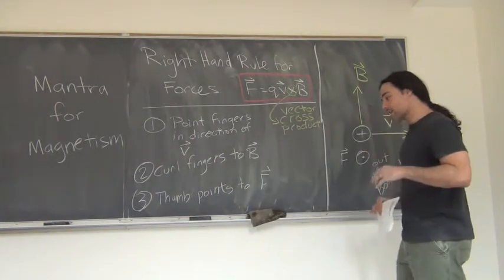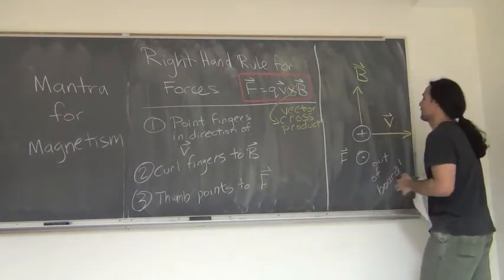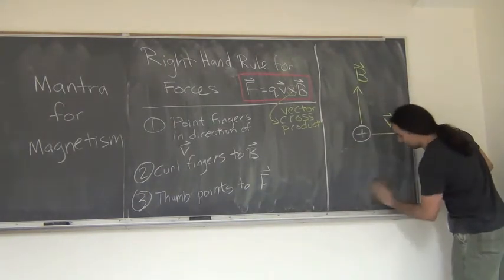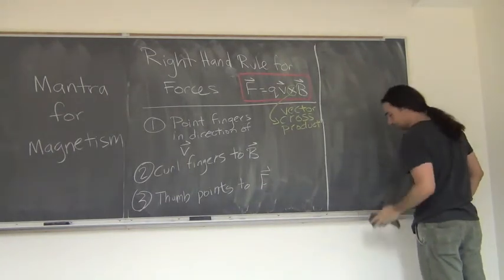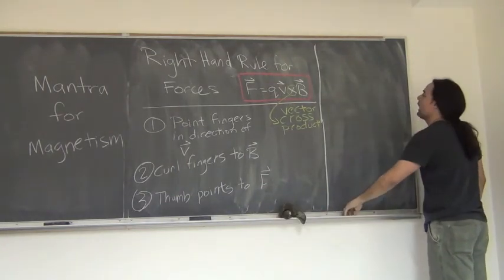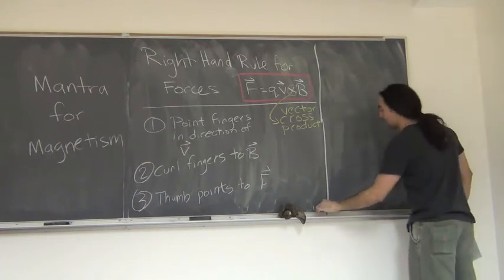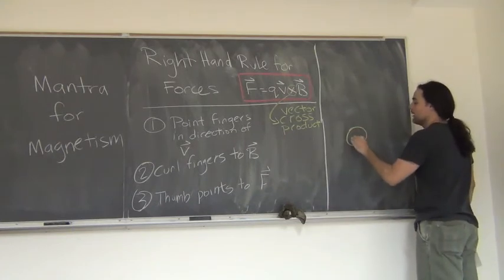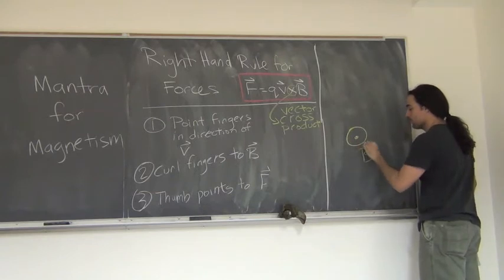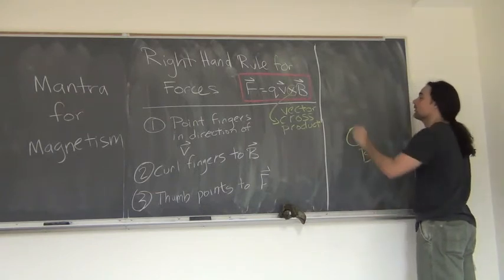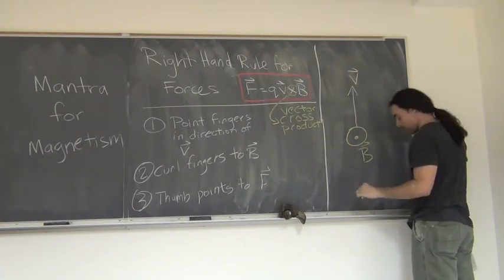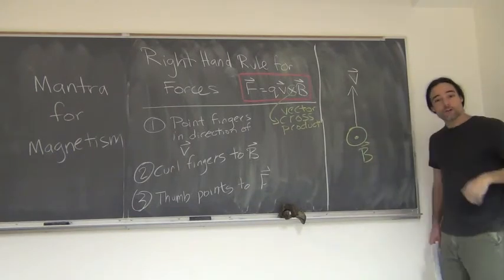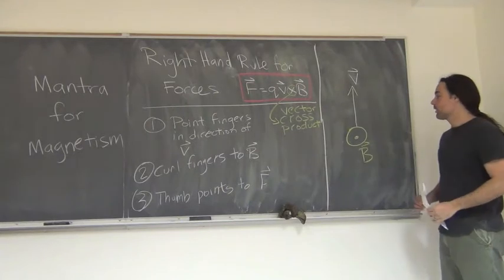Let's try another example of that. Let's say you have a magnetic field that's coming out of the board, and you have a velocity that's pointing up. What direction would the force point?